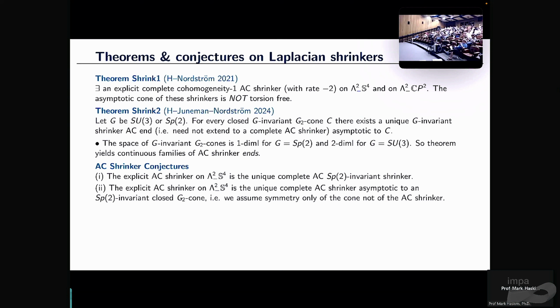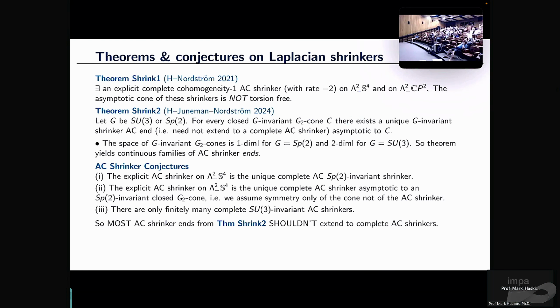And you could also then just ask, let's look at AC shrinkers asymptotic to one of these cones, and so don't assume symmetry. So assume the symmetry of the cone, but not of the shrinker. Then the answer should still be the same. This should be the only one.